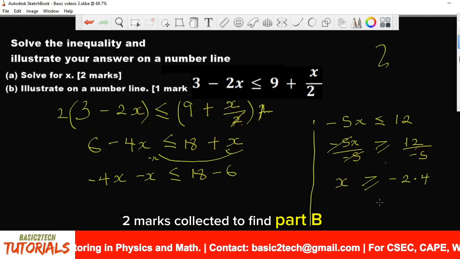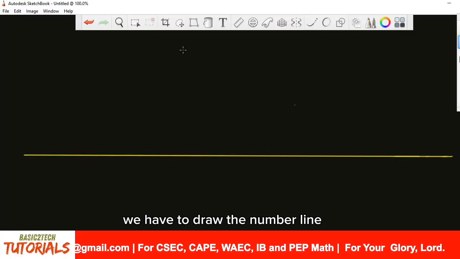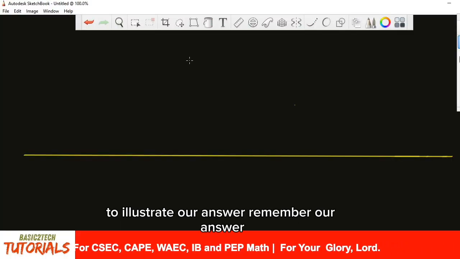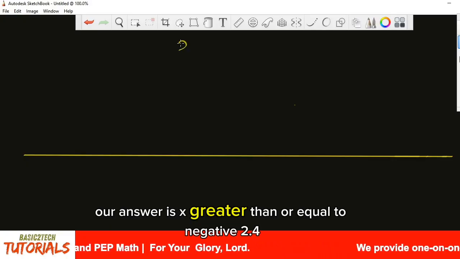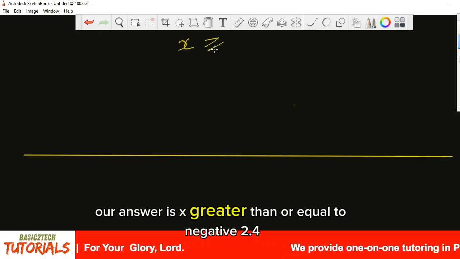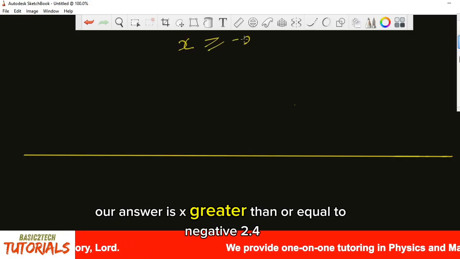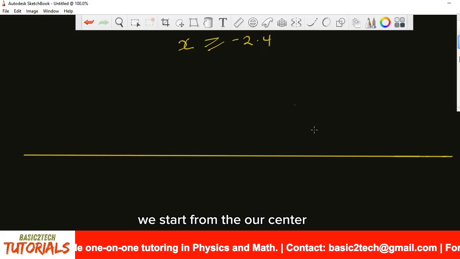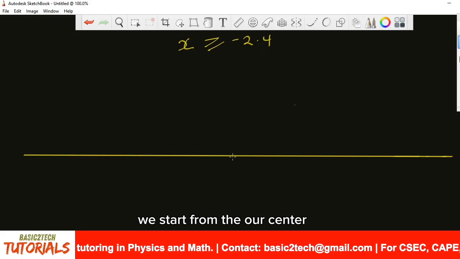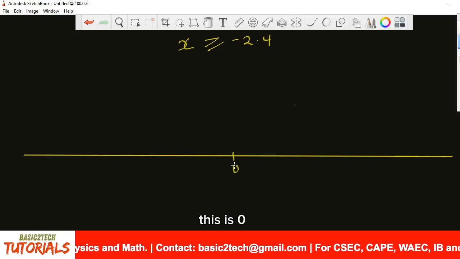2 marks collected. To find part B, we have to draw the number line to illustrate our answer. Remember our answer is x greater than or equal to negative 2.4. So first we draw the number line. We start from the center. This is 0.